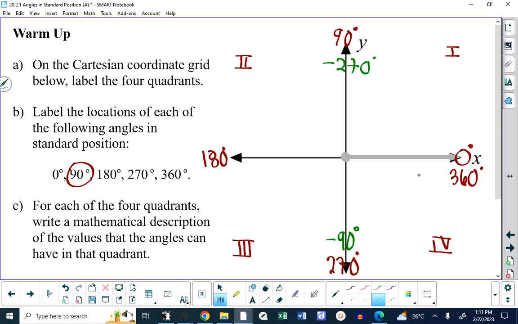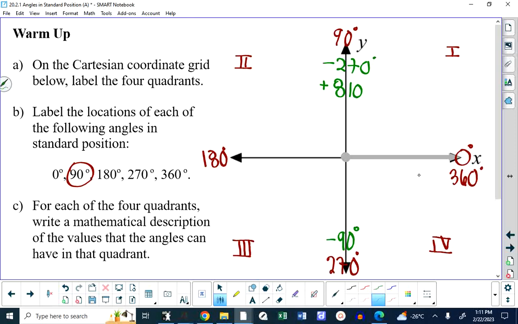I'm not going to do all of these. There would be nothing wrong with me writing 810 degrees there. Because if I go from 0, which is where my arm is, and I rotate once around, that's 360.